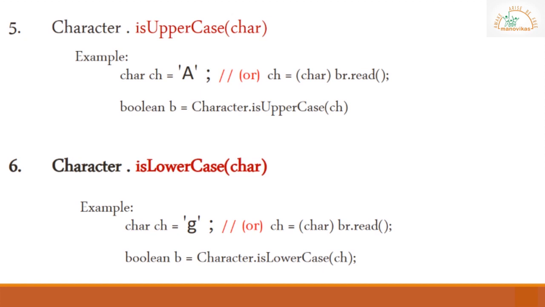So my function isUpperCase will check if my input, that is alphabet A, is in uppercase. Yeah, exactly, it is in uppercase. So my result will be true. What if I assign a small letter a over here? My result will be false.